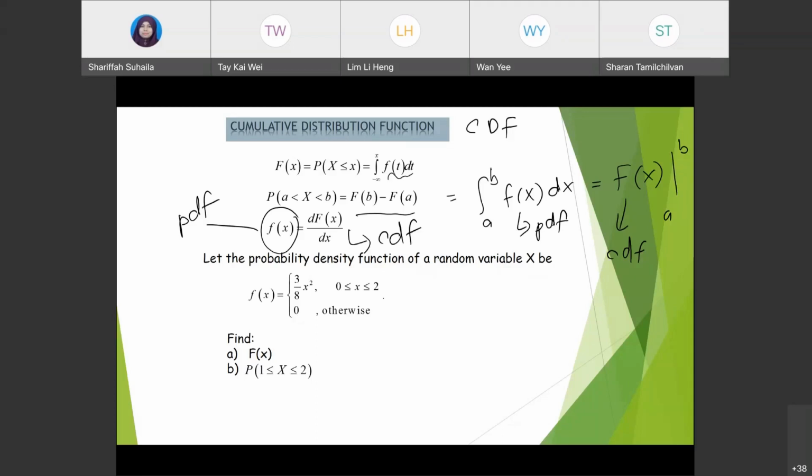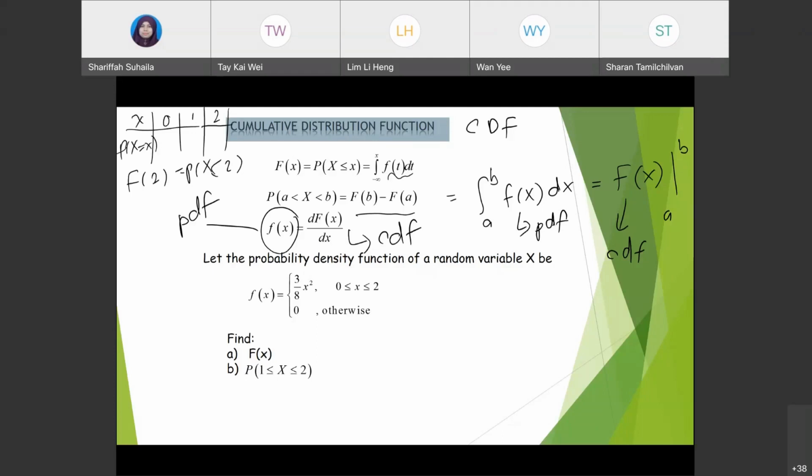The same thing in discrete: capital F is your total probability, P(X less than or equal to x). If you have x values 0, 1 and 2, then to find capital F(2) you have P(X less than or equal to 2), so x0 plus x1 plus x2.